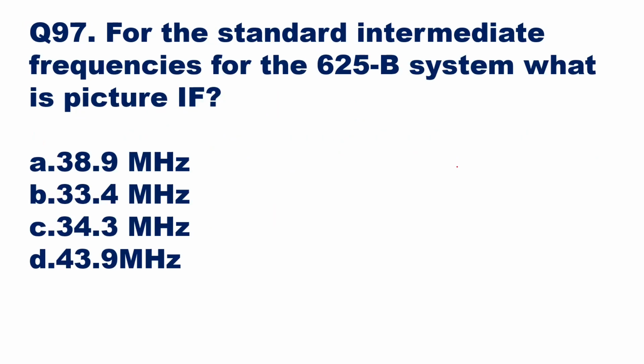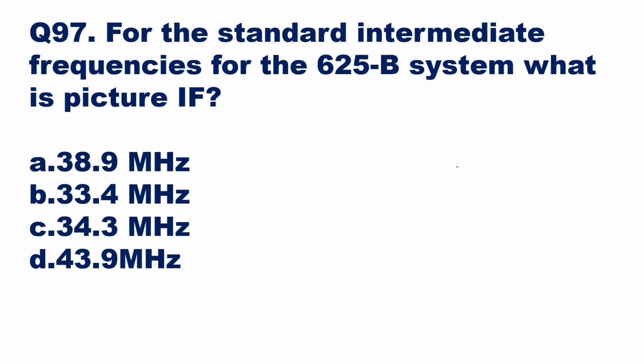Then we'll go to the next question, question number 97. For the standard intermediate frequencies for the 625B system which is used in India for TV, what is the picture intermediate frequency? The options are 38.9 megahertz, 33.4 megahertz, 34.3 megahertz, and 43.9 megahertz.